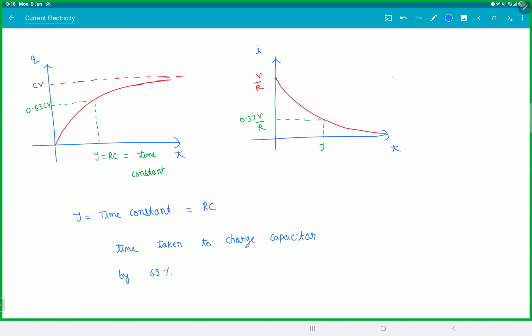And you can also say current decays by 63%. The reason the 63 comes is because of the value of 1 by e. Clear with the integration?